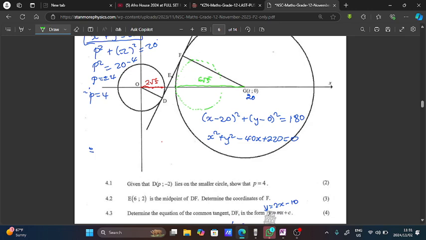Or this circle must shift. So can you see there are two possible ways? There are two possible ways that can happen here. So it can touch here or it can touch there.